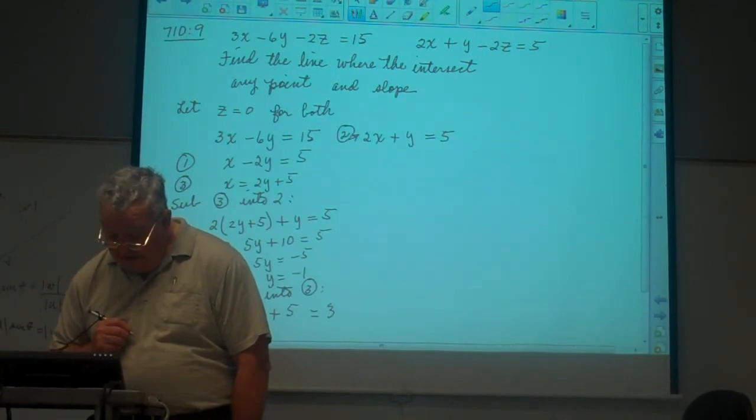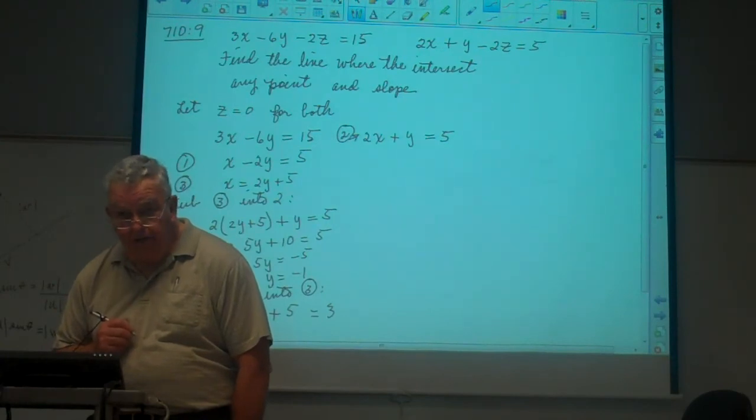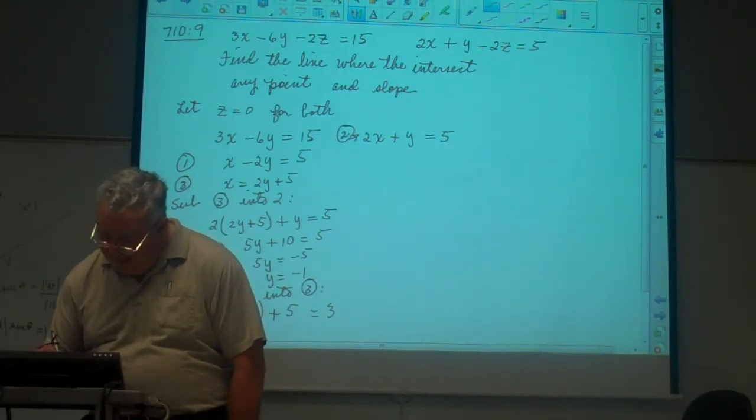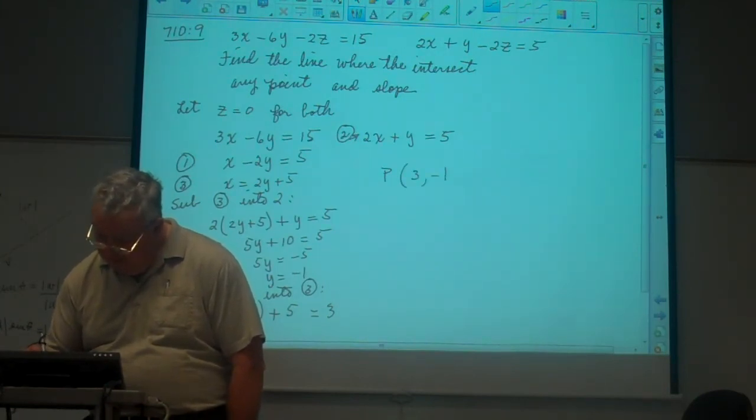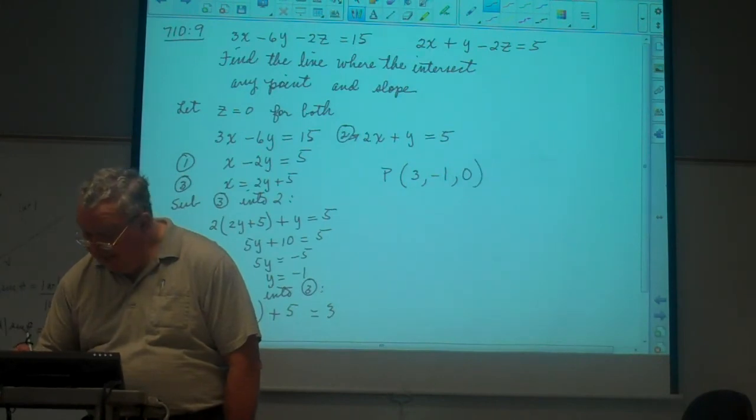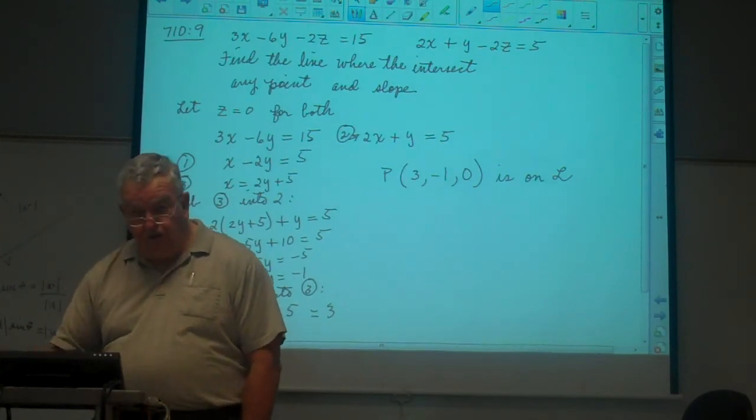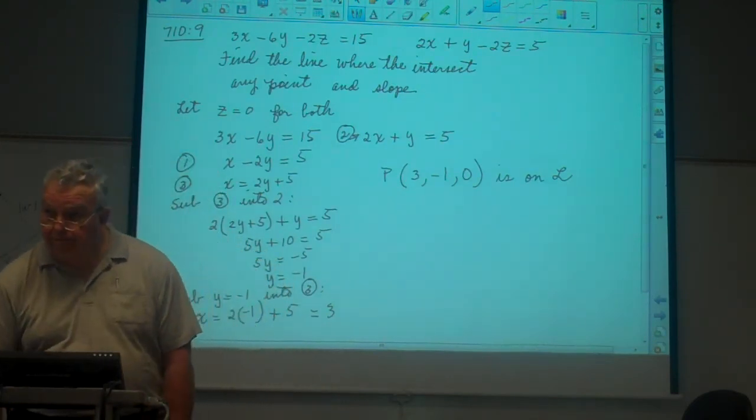So now what does that give me? A point. That gives me a point, doesn't it? The point P of 3, minus 1, 0, is on L, which is the line of intersection.